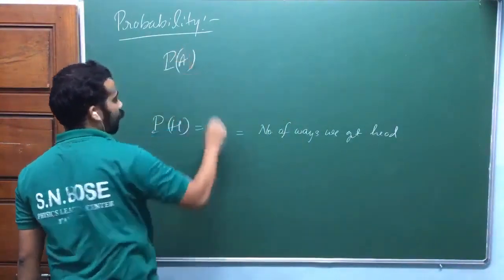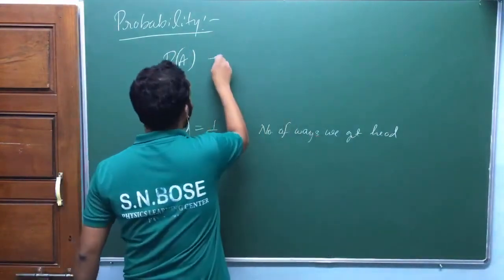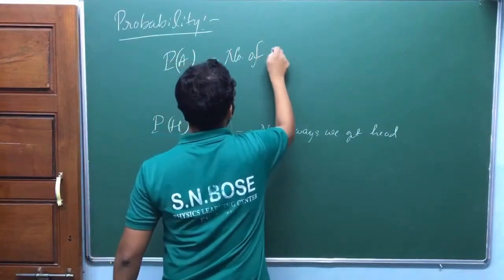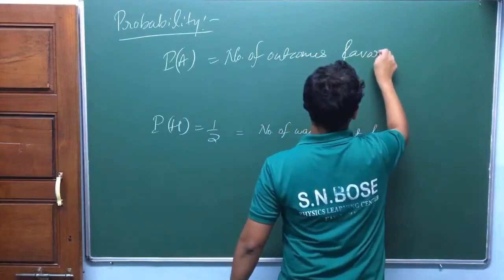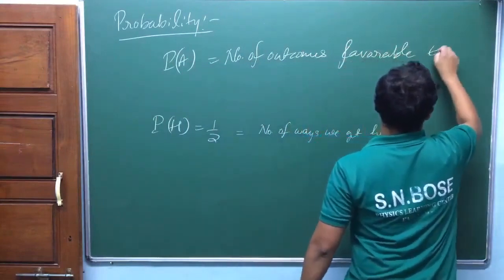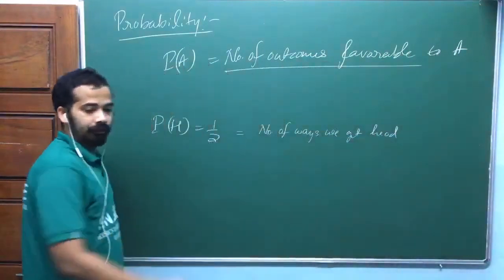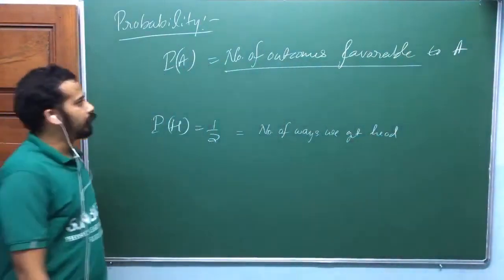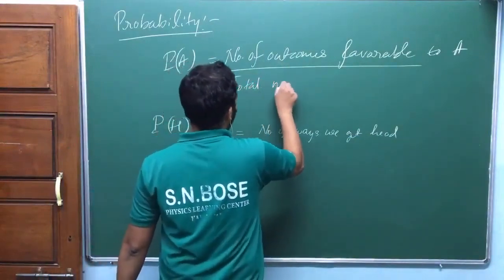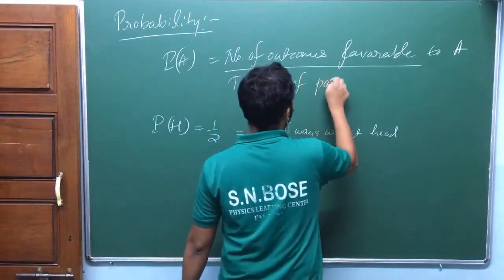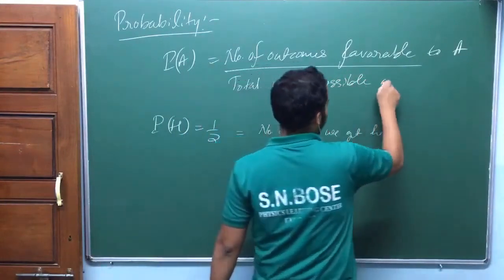Probability of occurrence of A is equal to the number of outcomes favorable to A divided by the total number of possible outcomes in any event.